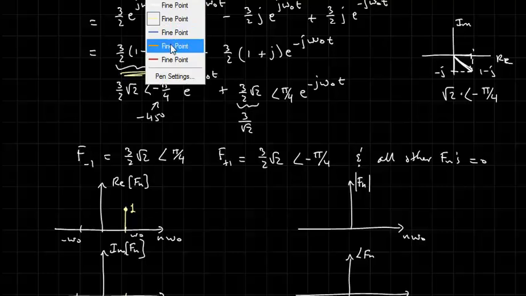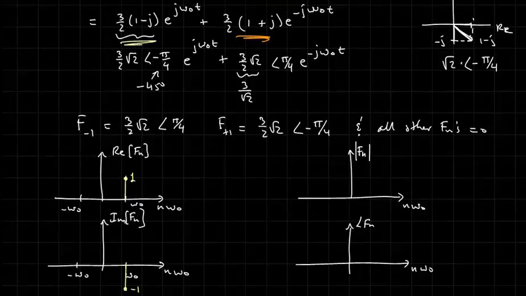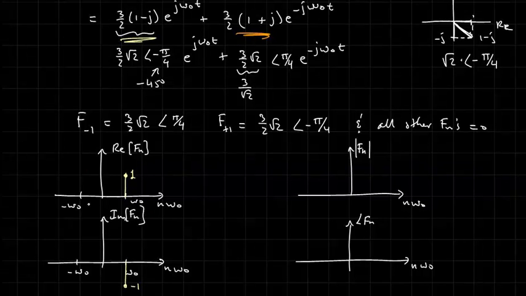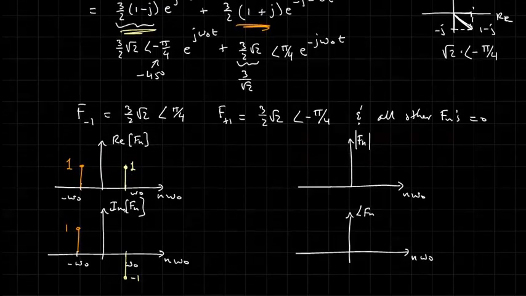For the n equals minus 1 case, we have a real part of 1 and an imaginary part of 1. So you could represent it that way.